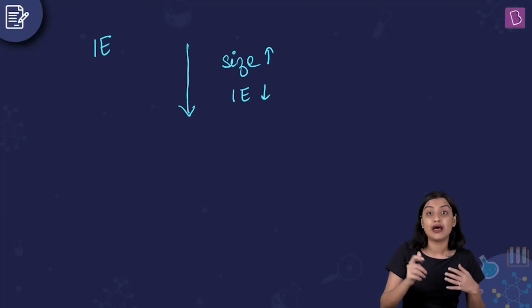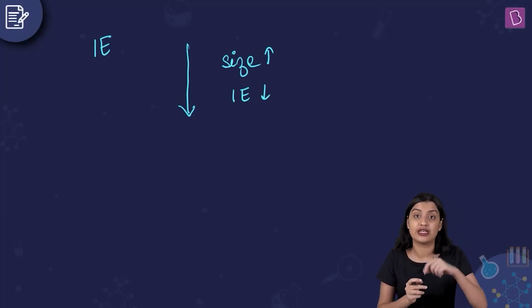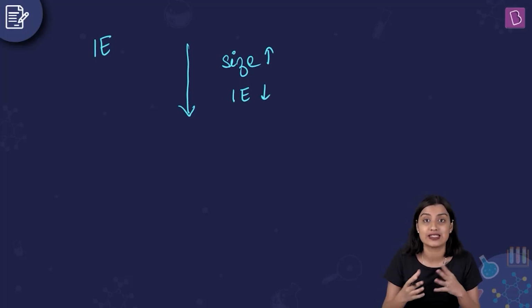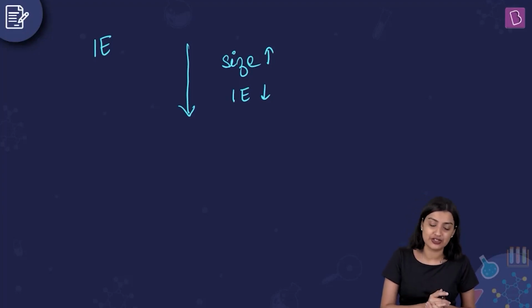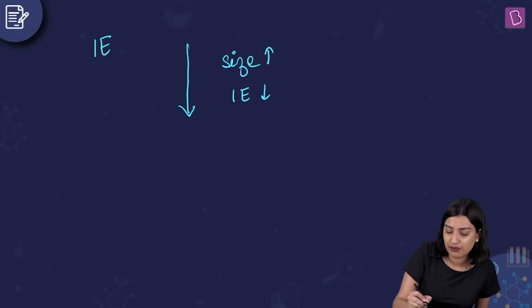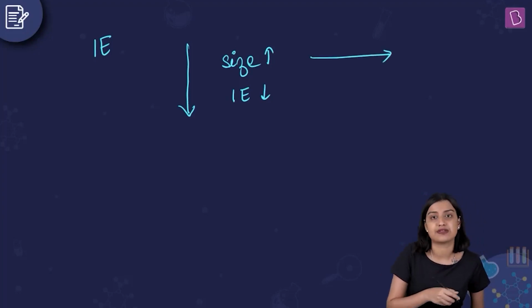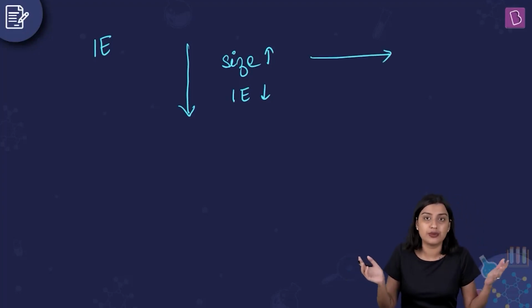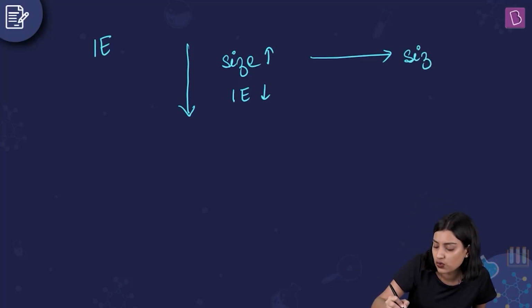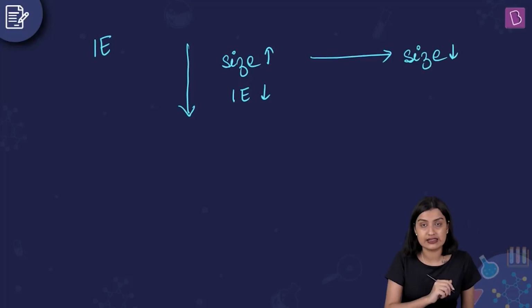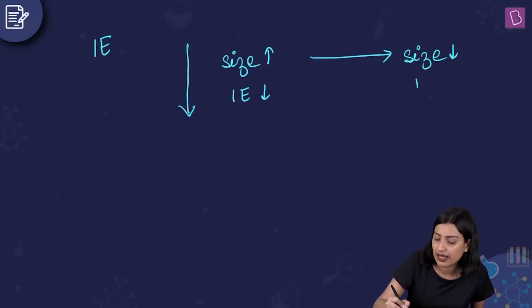Which means the amount of energy that is needed to remove an electron from a neutral, gaseous, isolated atom is going to decrease, right? That's the definition of ionization energy. Now, as you move from left to right along a period, what happens? We know that the size is going to decrease. The size decreases because of which the ionization energy increases.